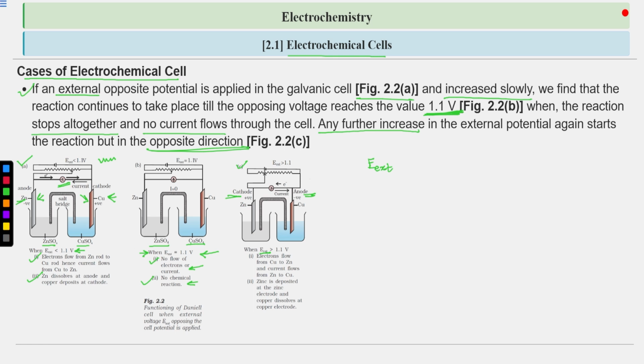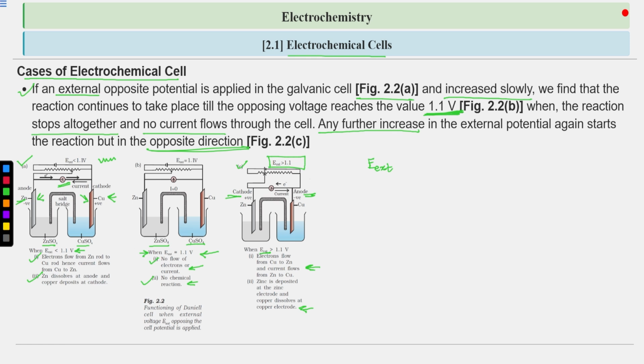This happens when the external potential is greater than 1.1 volt. So electrons flow from copper to zinc and current flows from zinc to copper, and zinc is deposited at the zinc electrode and copper will dissolve at the copper electrode. This dissolving and depositing process will also get reversed.